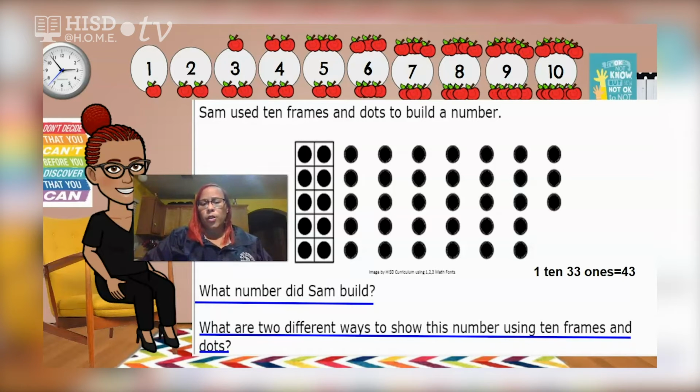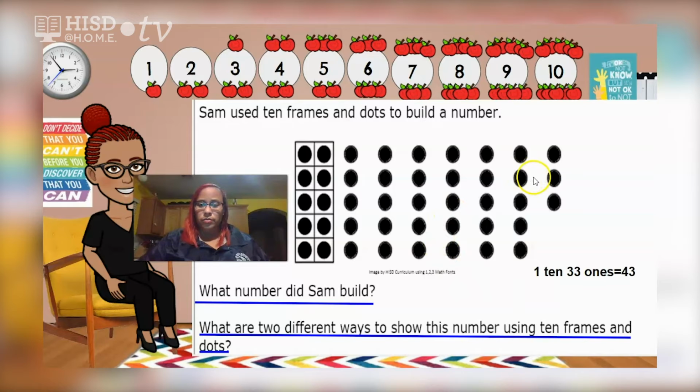What is another way we could show this number? I remember in another lesson we said it is easy to count the numbers when you have a large number if we group them together by tens. They said we could use 10 frames and ones. Do you see any other sets of 10?